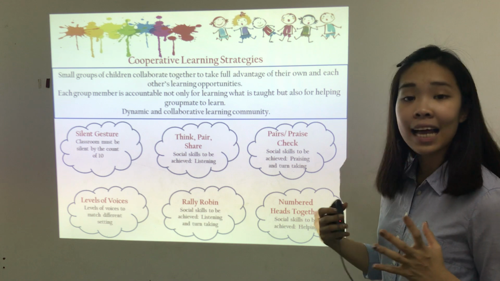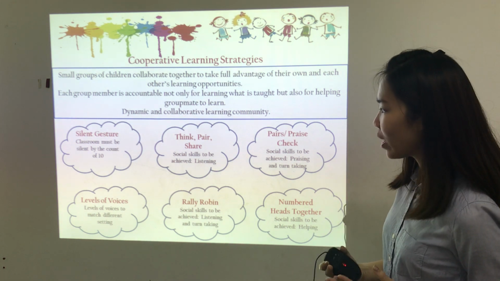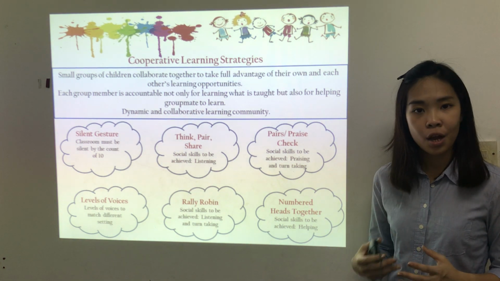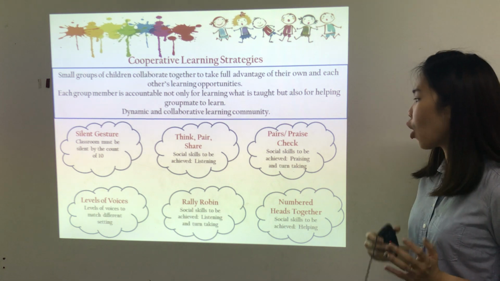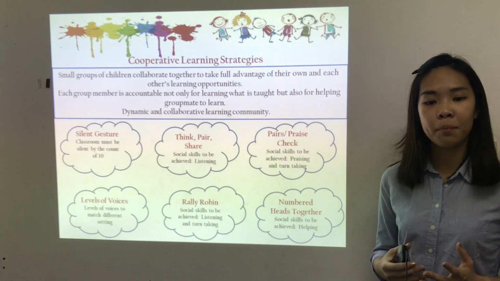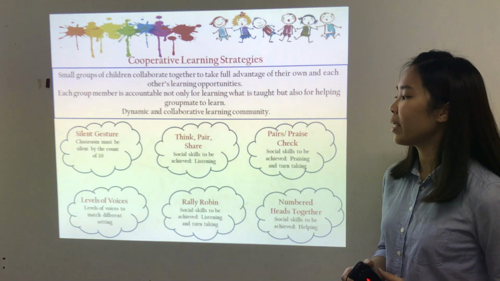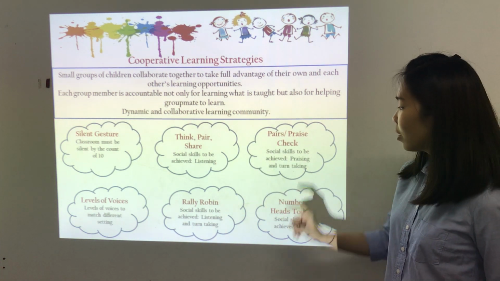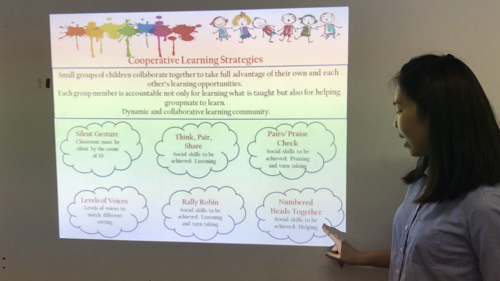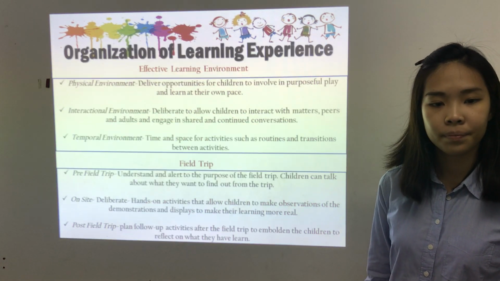It includes silent gesture, level of voice, think, pair, share, rally robin, pairs check, and numbered heads together. So from all of these strategies, children can achieve listening skill, praising and turn taking, and helping skills.